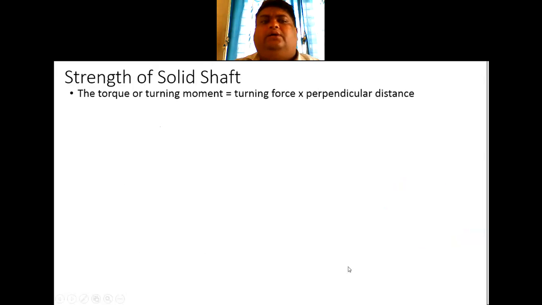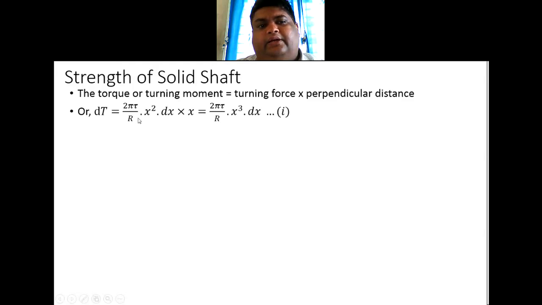Now the torque or turning moment at this point at x is turning force into perpendicular distance, right? Turning force was 2 pi tau by r into x square into dx. Multiply this with another x, so you get 2 pi tau by r into x cube dx, right? 2 pi tau by r, this is a constant, right?